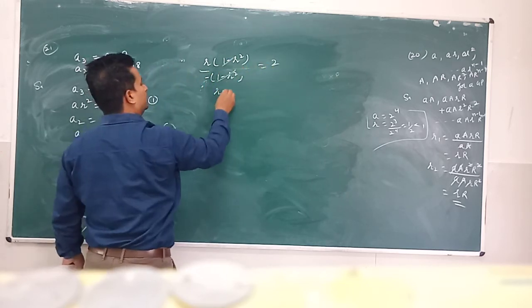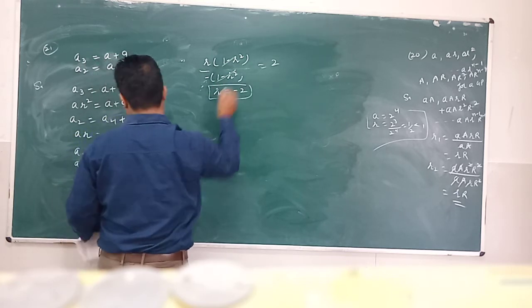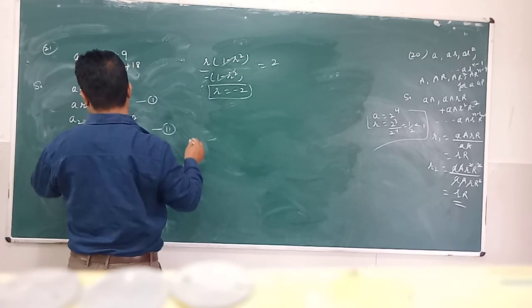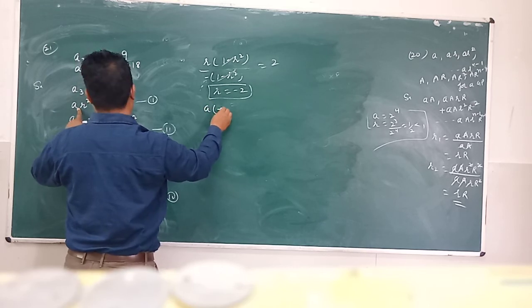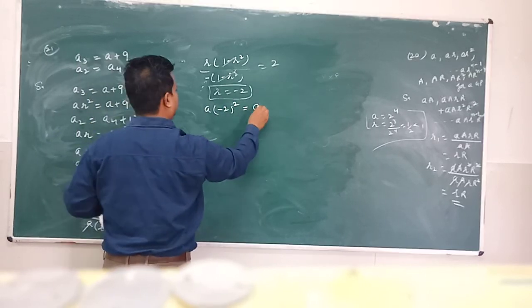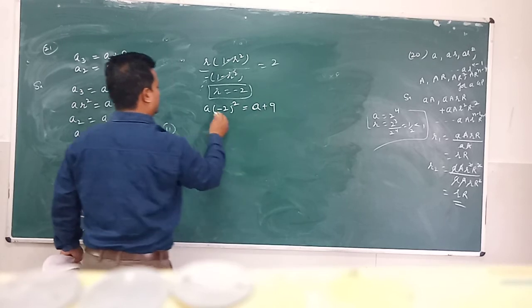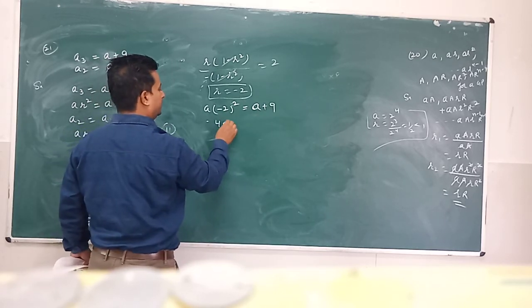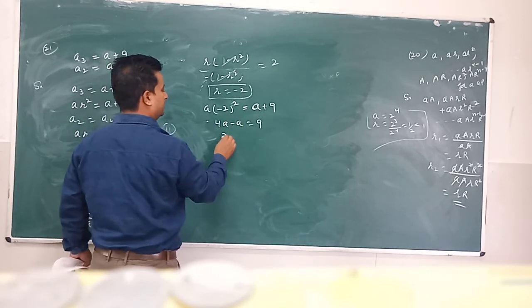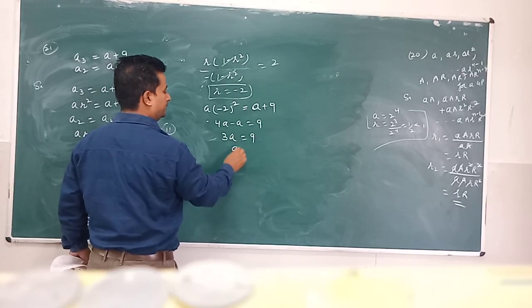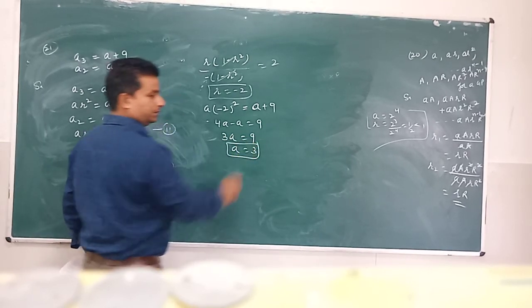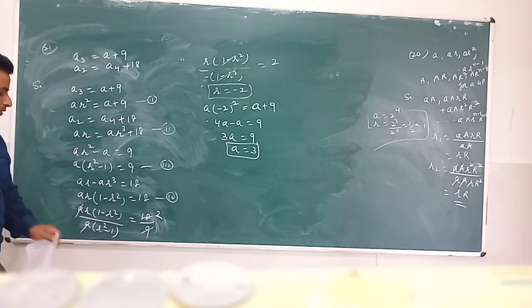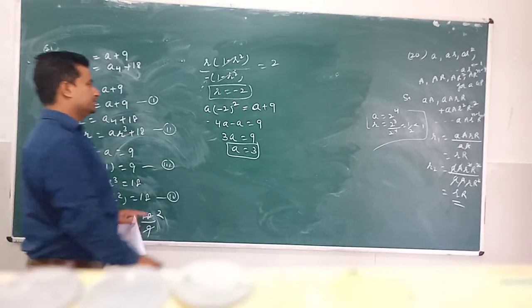This cancels out, so r is equal to minus 2. When we put the value of r in equation number 1, (minus 2) whole square a equals a plus 9, so 4a equals a plus 9, 3a equals 9, a is equal to 3.